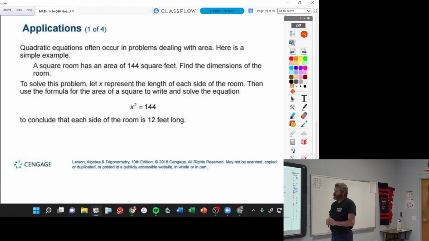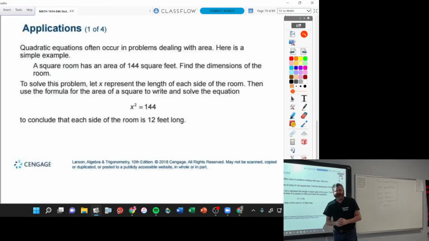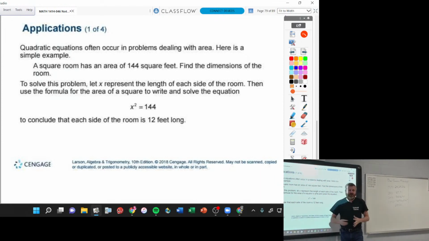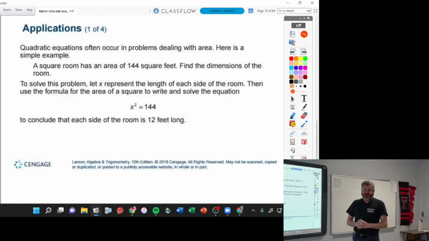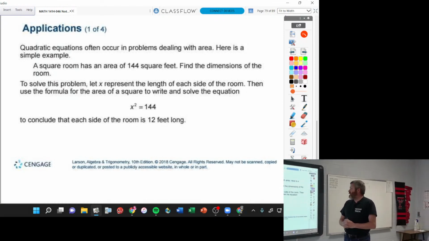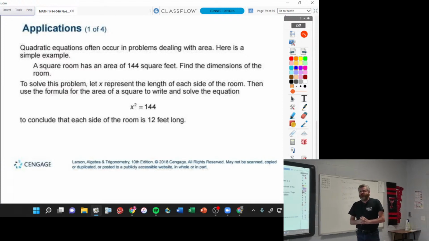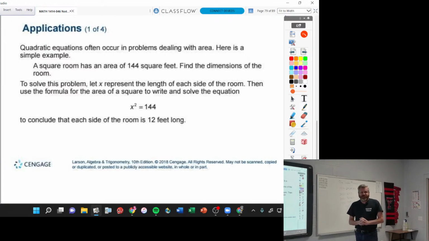Well, because the room is a square and I don't know the length of the side, I could say that x squared is 144. Well, this is a quadratic, so a quadratic has two answers. If I take the square root of both sides, I get x equals plus or minus 12. Well, that doesn't make sense in the real world. You can't have a length of negative 12.